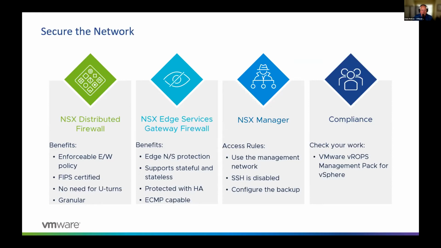Again, that distributed firewall is primarily used for east-west traffic. It is FIPS certified. That traffic doesn't have to leave the ESX host and go somewhere and be evaluated only to return back to the ESX host. That's what we mean by no need for U-turns, because we're able to see the traffic as it is being processed by the ESX host.